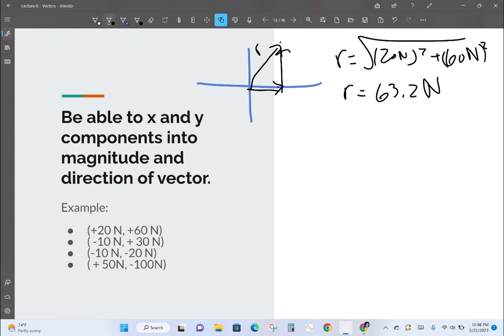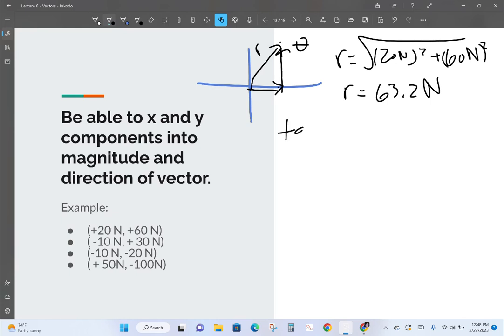Notice that I'm not dropping my units when I do these problems. Next thing I'm going to do is find its direction. The first thing I'm going to do is find the reference angle, and then I'm going to adjust for what quadrant I'm in. The good news is that these are both positive, so I'm in the first quadrant, so whatever my angle is, that's what my angle is going to be.